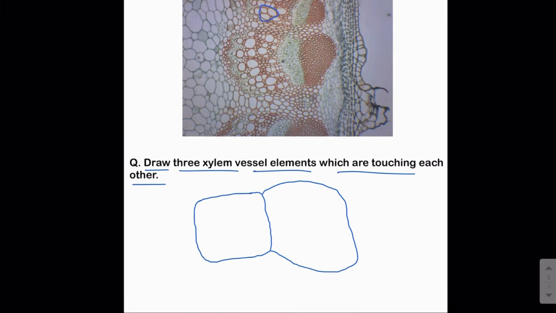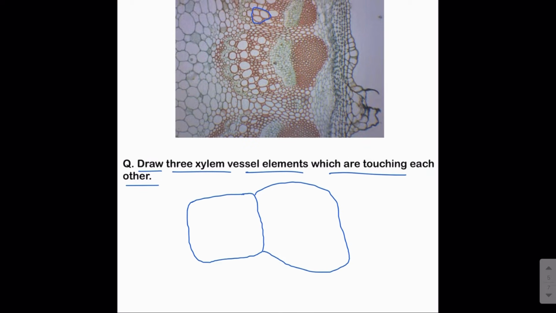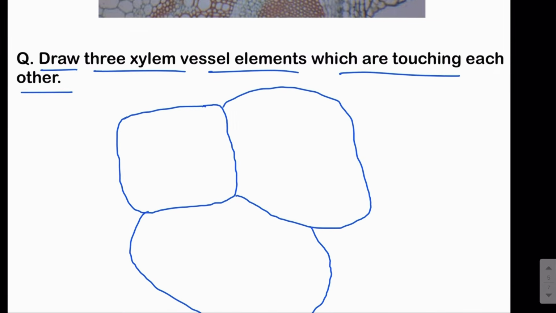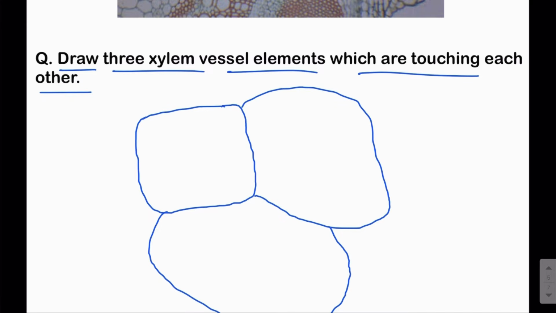And we need to carefully draw the cell walls, and we just need to draw what we see and not a textbook diagram, right? And while we are drawing the plant cells, we need to make sure that we carefully draw all the cell walls and we carefully draw the middle lamella.